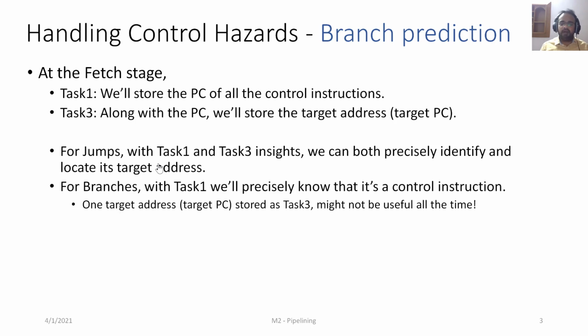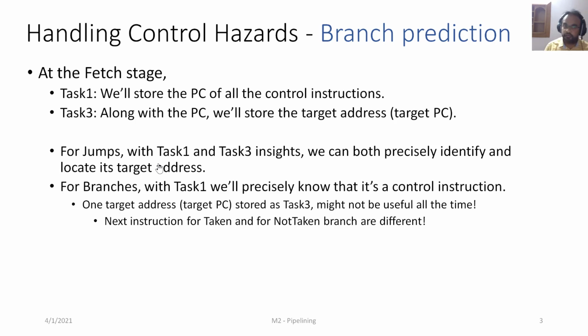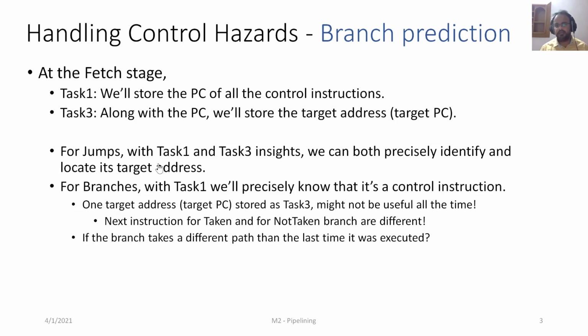So instead of storing one address, probably we need to store two addresses, right? Because the next instruction, if the branch is taken and not taken, are different. So we need to make a note of both the addresses so that we will pick one of them. How we pick one of them is task 2, where we are trying to make a prediction.